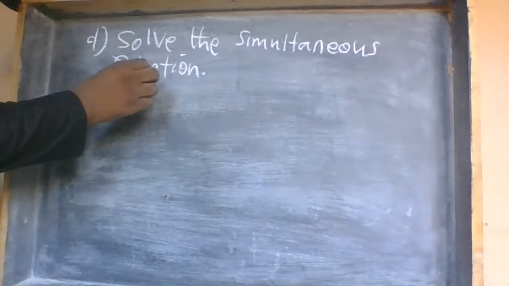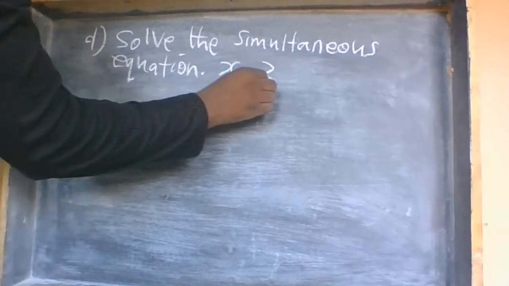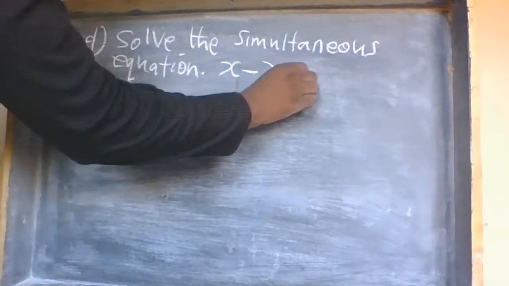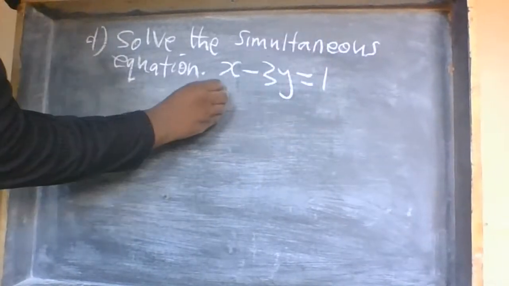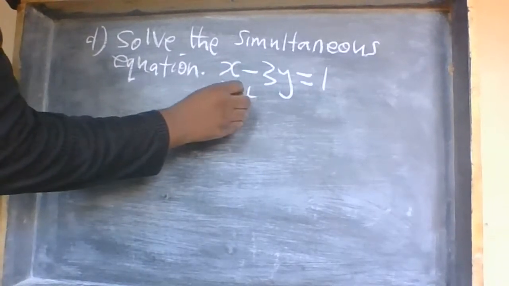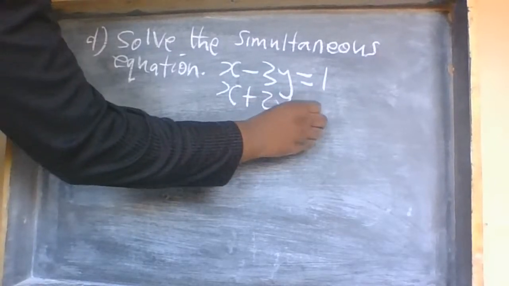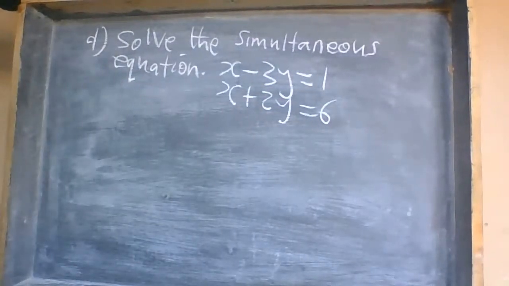Okay, and then we have this question: x minus 3y equals 1. Then we have x plus 2y equals 6.